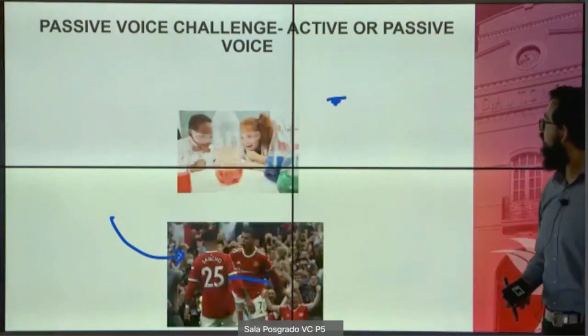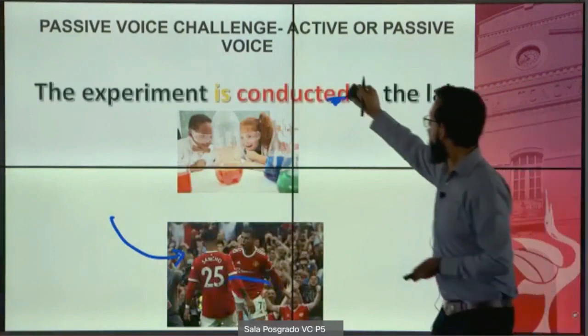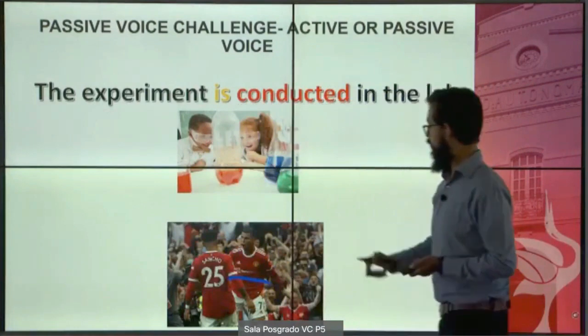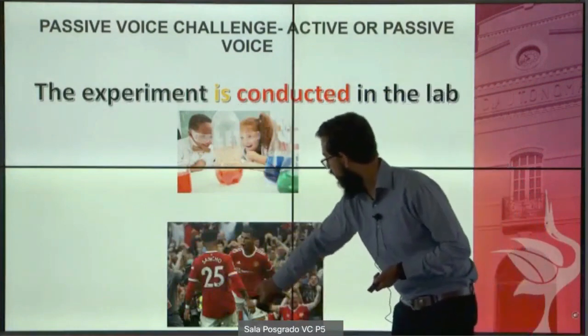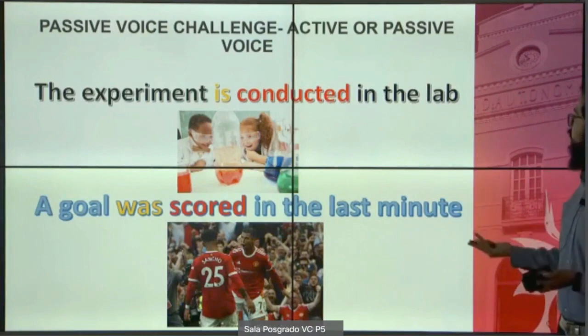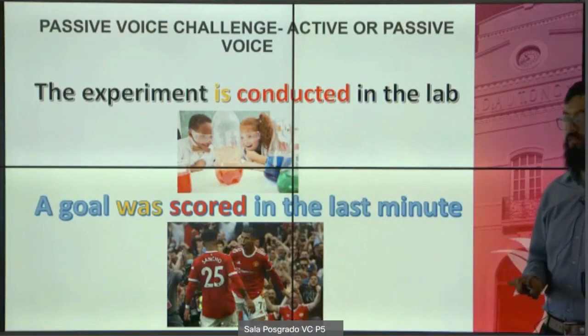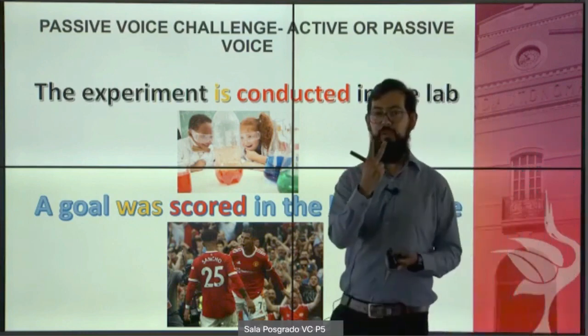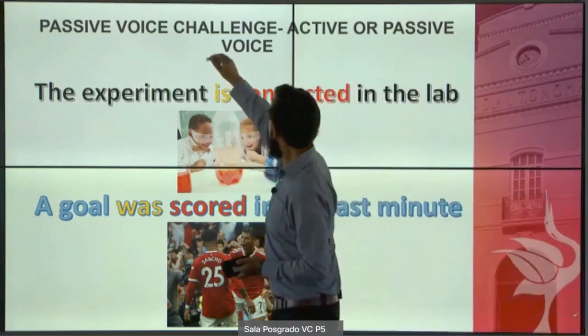What about this? Okay. We have a picture of Cristiano Ronaldo right here. Okay. The experiment is conducted in the lab. The experiment is conducted. We have the two important elements of passive voice.